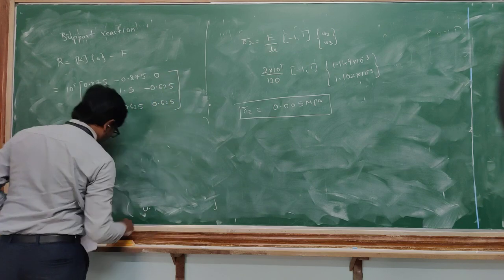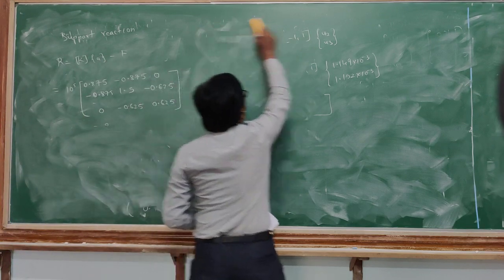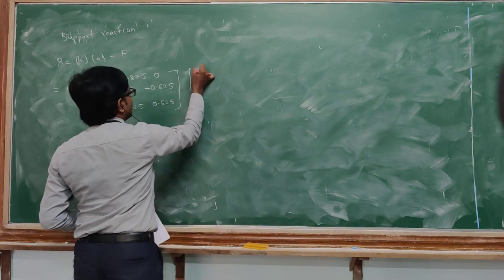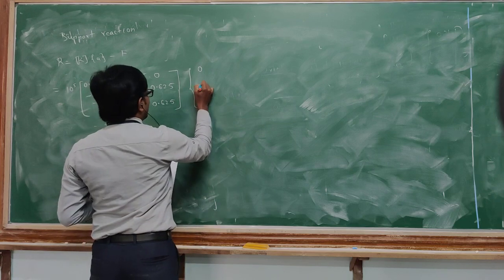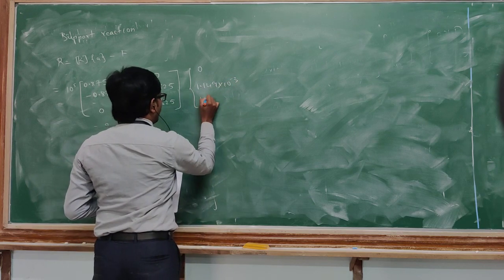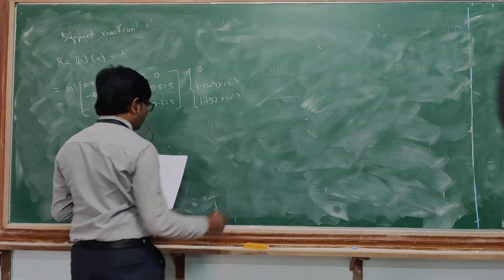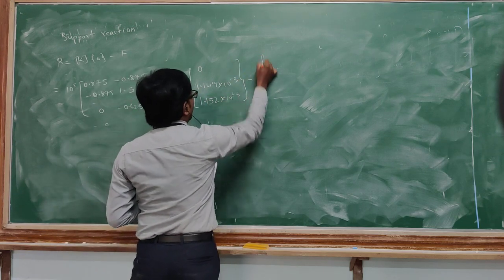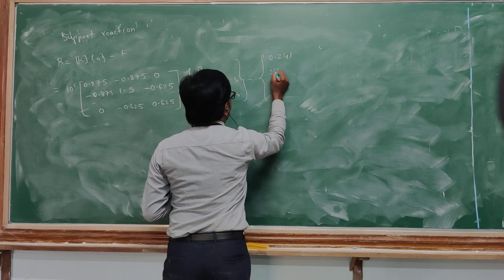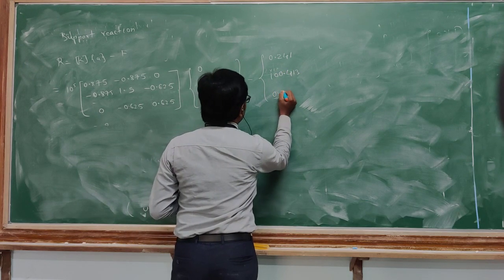This is the value of K. Next we write the value of u. U will be u1, u2, u3, so u1 is 0, u2 is 1.149 into 10 to the power minus 3, and u3 is 1.152 into 10 to the power minus 3. Then minus the load vector, which is 0.241, 100.413 and 0.172.